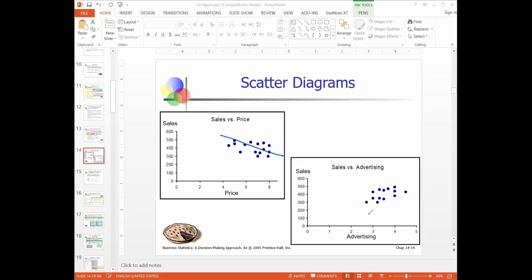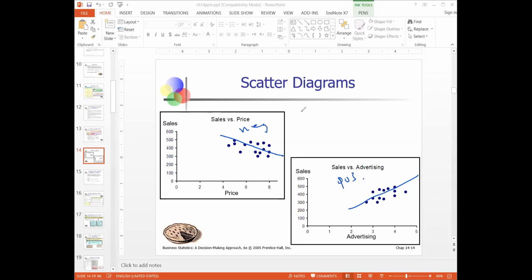Here you can see that the dots are forming like this, crossing from the middle. So sales and advertising are positively associated. The values that we saw in the correlation are actually calculated from this. So this is negative, this is positive, and this confirms the negative value.